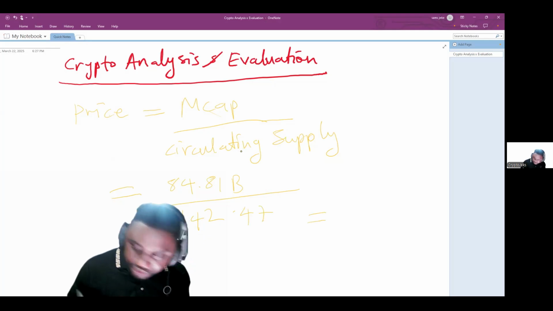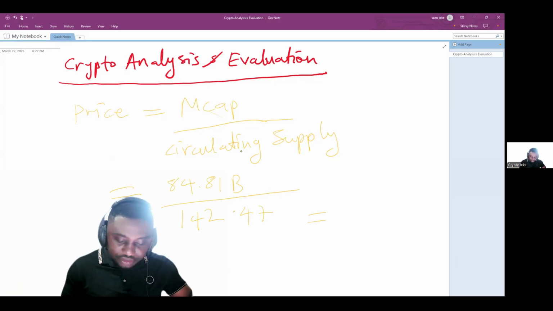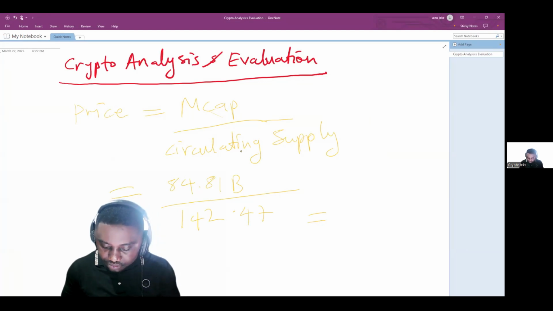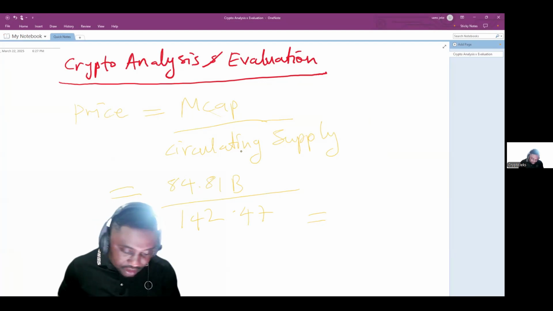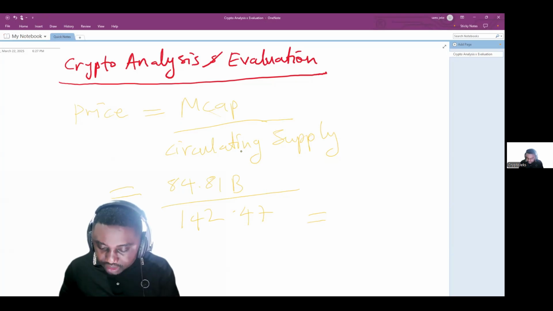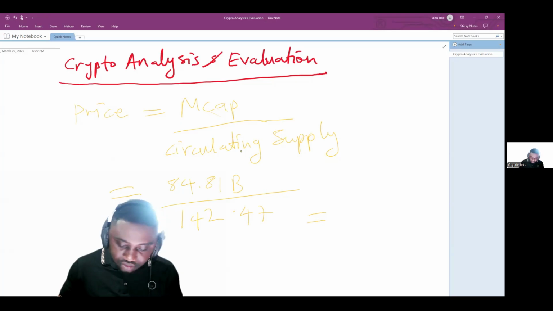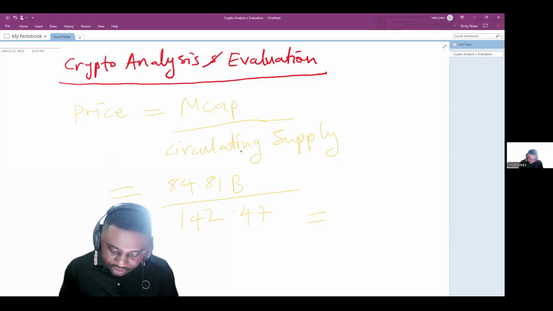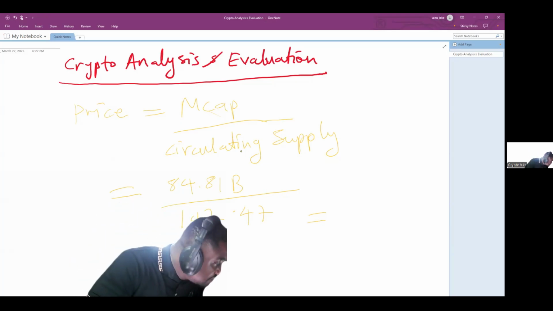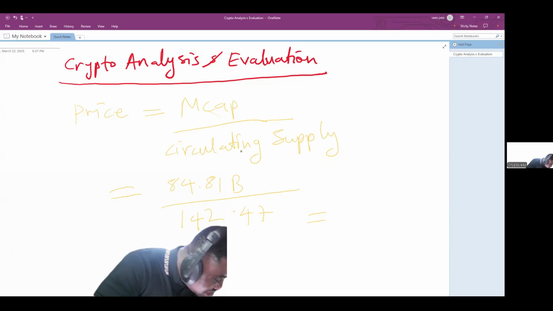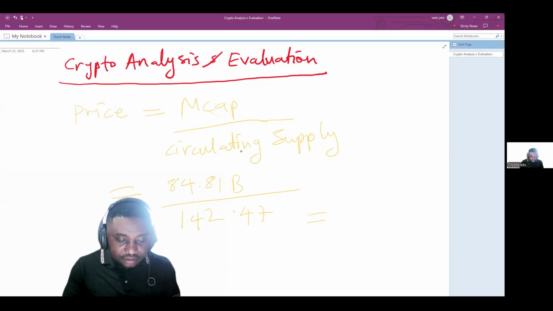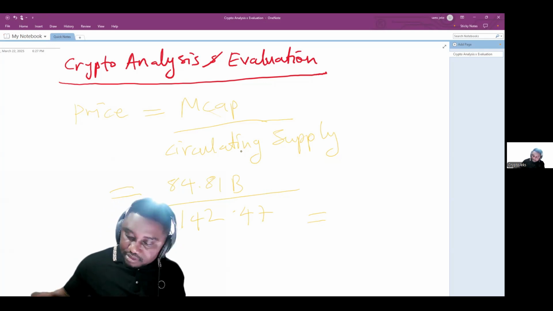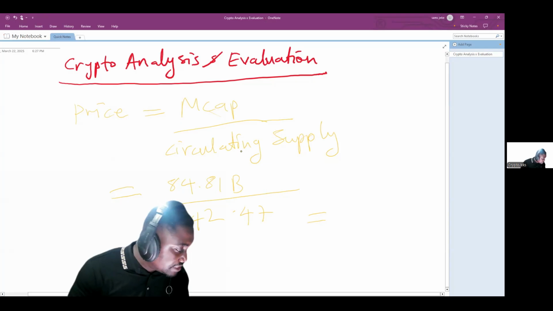So if you do your maths with your calculator, let's see what we are going to get. 84 billion 801 million, divided by 142 million 471,403.